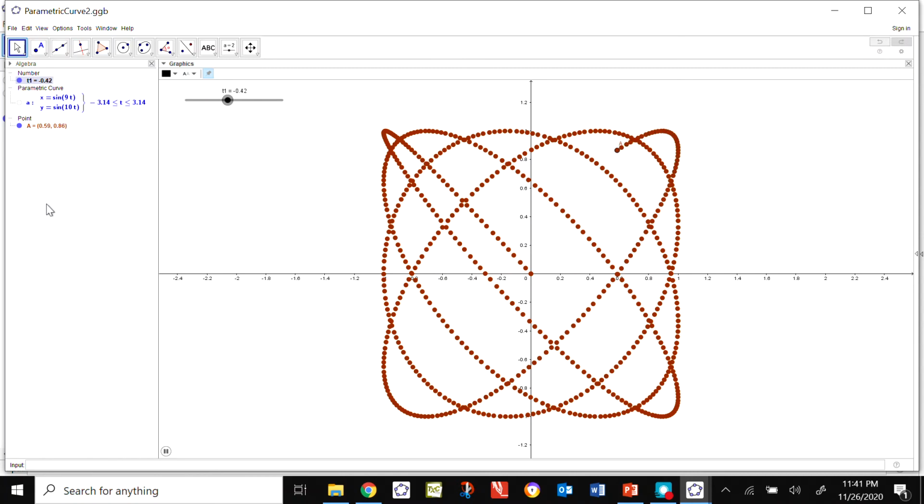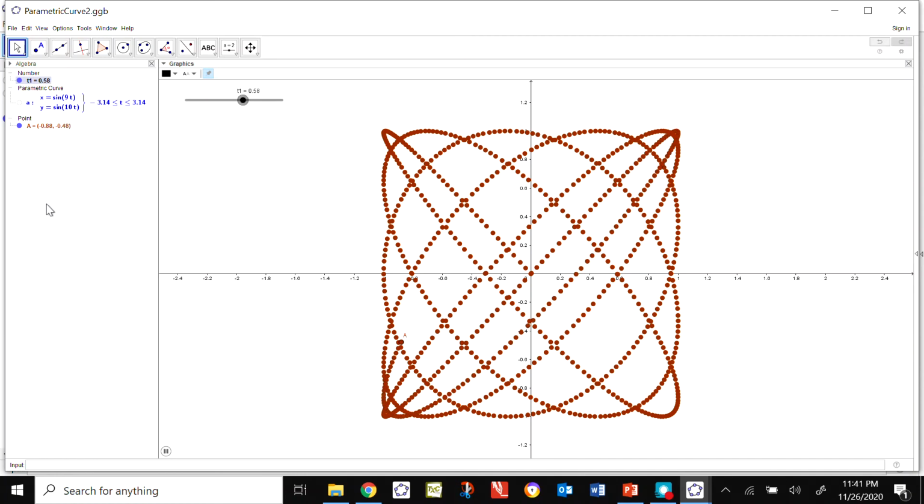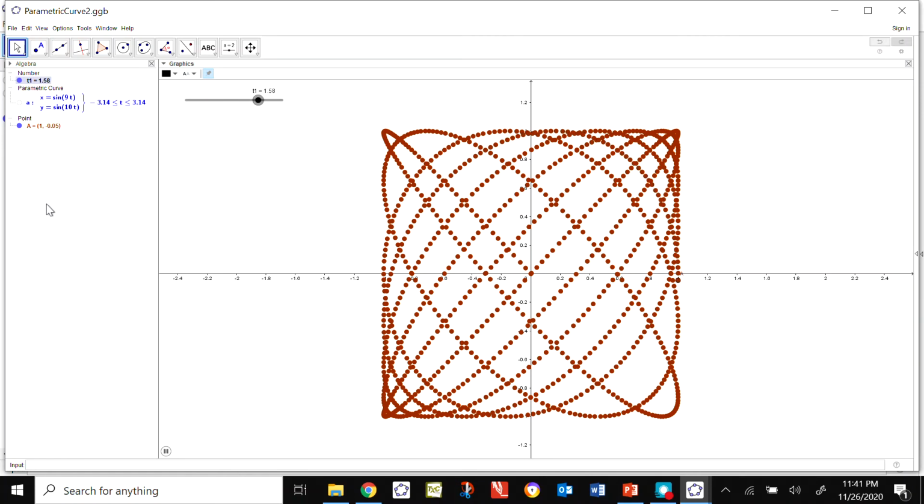So you eventually get the same curve, but this is actually a sequence of points as opposed to one nice smooth continuous curve. That's the only difference. Cool, you can play around and have fun. Try to produce a whole bunch of curves that you see in the textbook. So they have given you a lot of parametric curves that you're expected to produce. See if you can produce them.